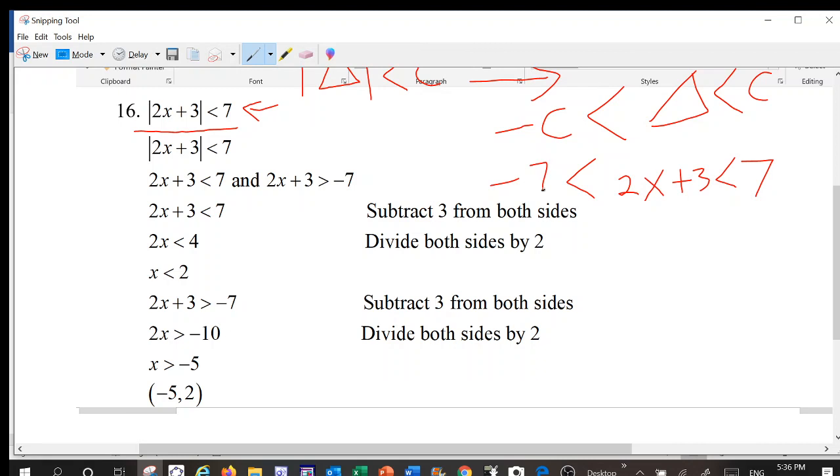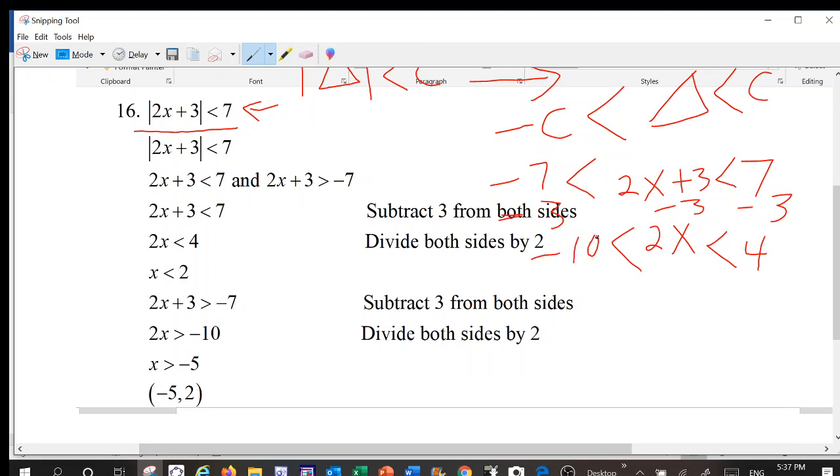Now subtract 3 from all three sides. Subtract 3, subtract 3, subtract 3. Now 2x plus 3 minus 3 would be 2x. 7 minus 3 is 4. Negative 7 minus 3 is negative 10.